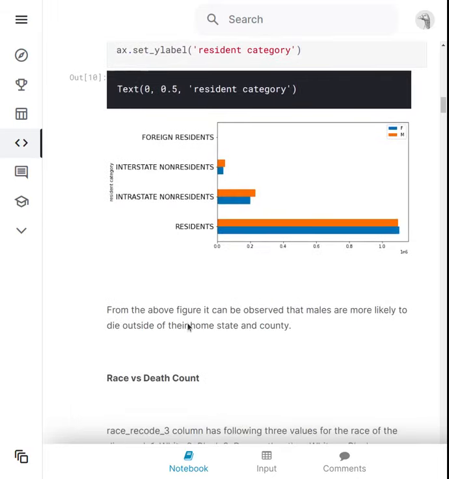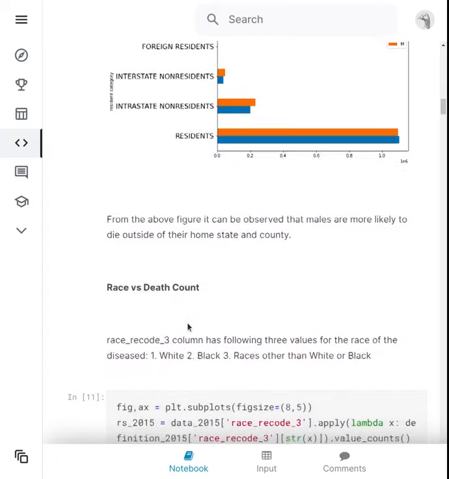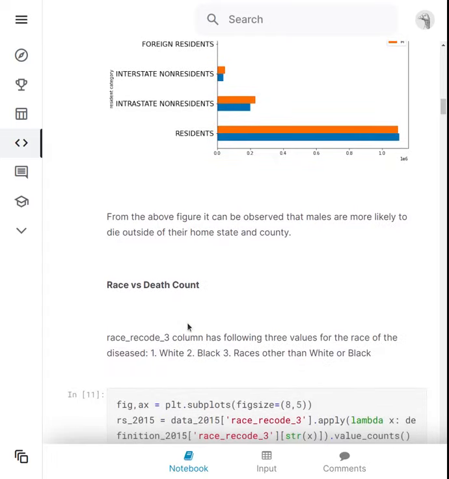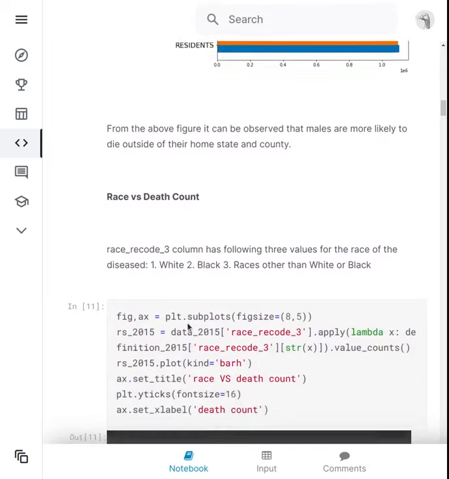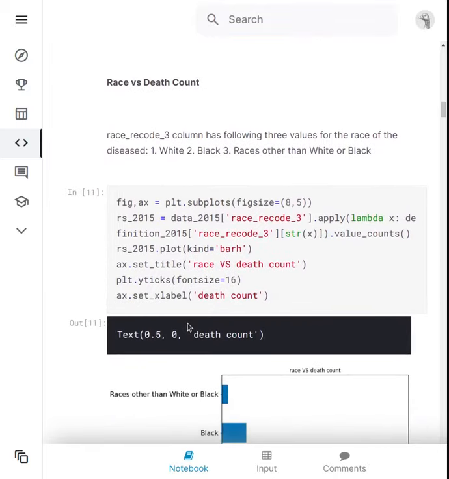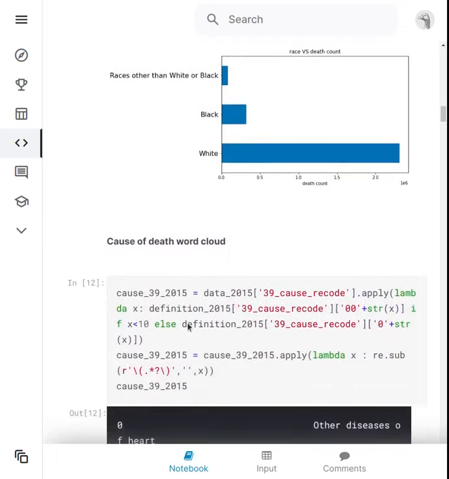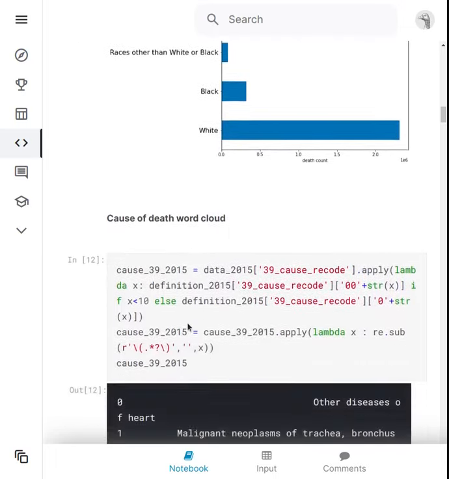After grouping, we found that the deaths of females are more than males in the residence status, but in non-residents, the deaths of males are more. Now we are visualizing race versus death count, and we observe that the death rate of the white race is more as the population of the white race is maximum in the United States.